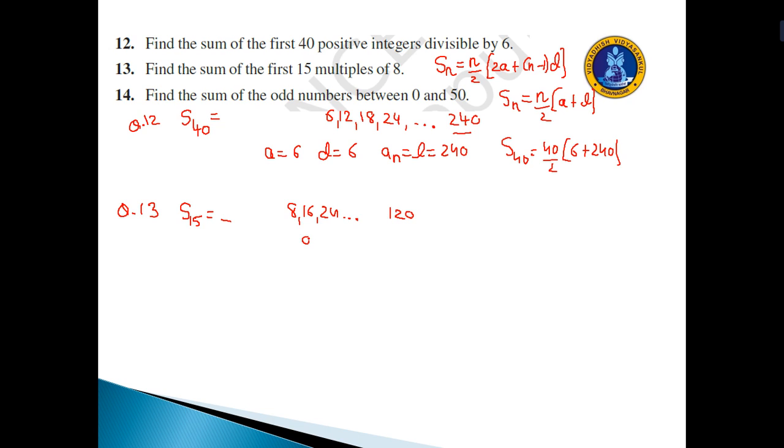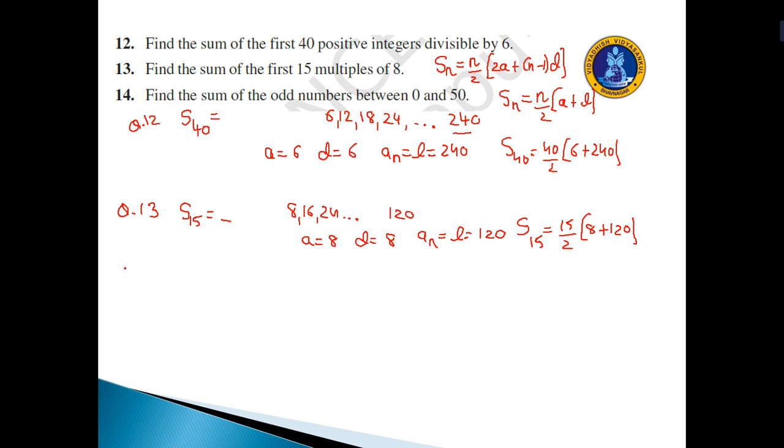So again, A is equal to 8, D is equal to 8, and An is equal to L is equal to 120. So you can solve by S15 is equal to 15 by 2 (A plus L), that is 8 plus 120.